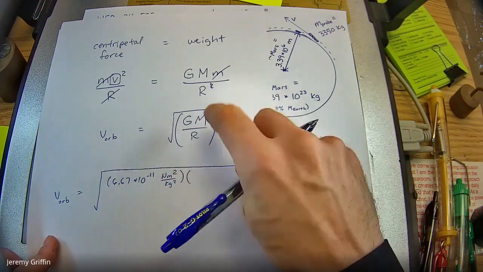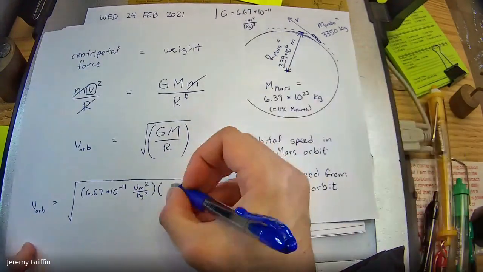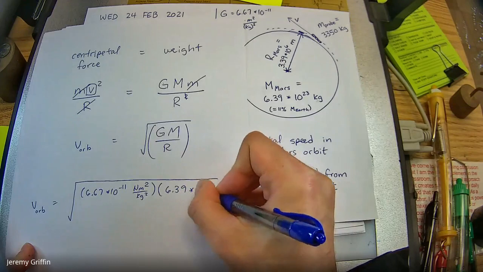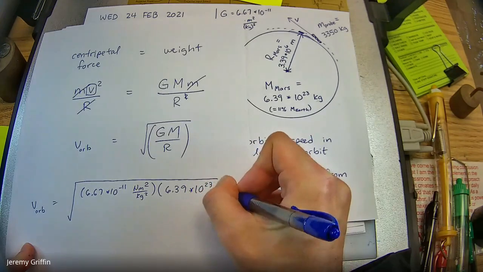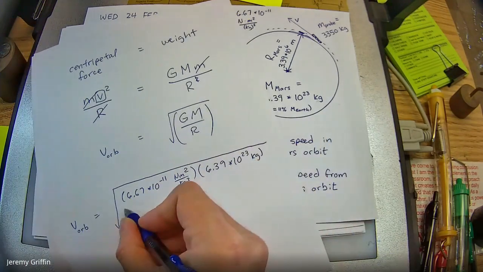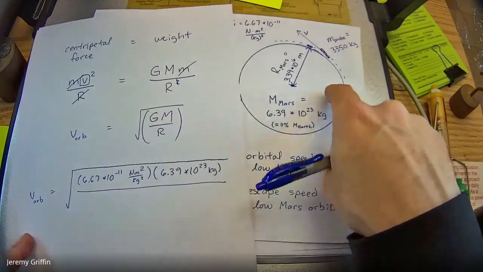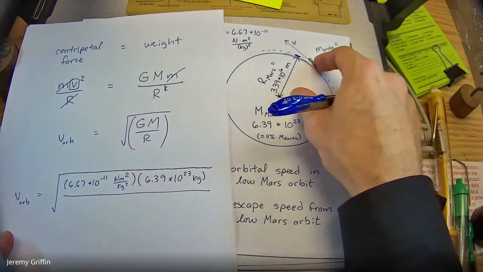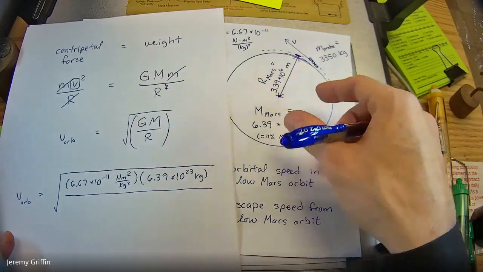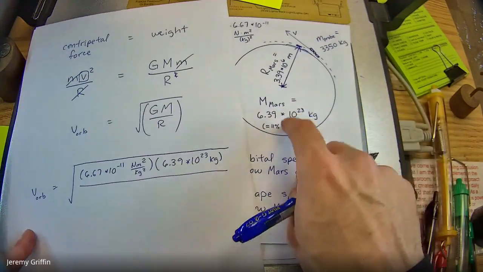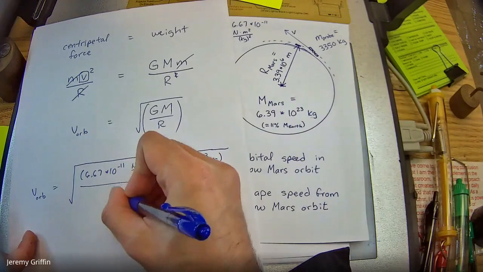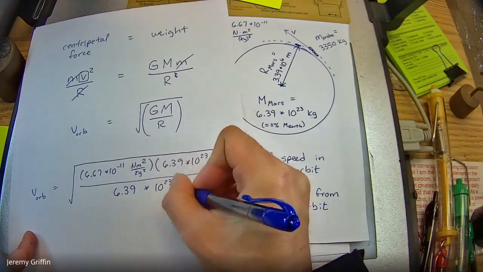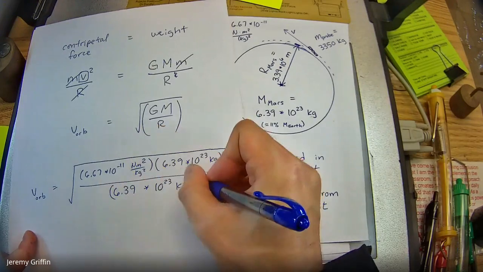The mass of the red planet is 6.39 times 10 to the 23 kg. And the radius of this orbit, now I'm saying low Mars orbit, so it's going to be a little bit more than the radius of the planet, but in the big scheme of things not a whole lot different, so we'll go ahead and use the radius of the planet.